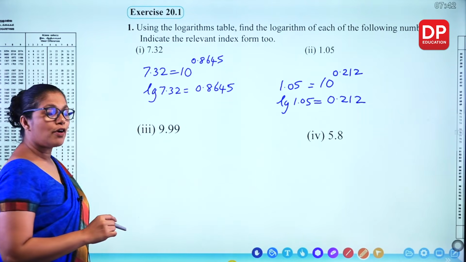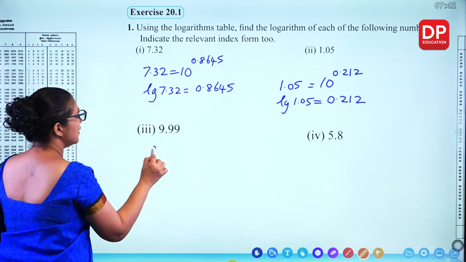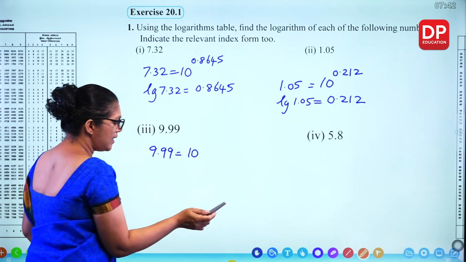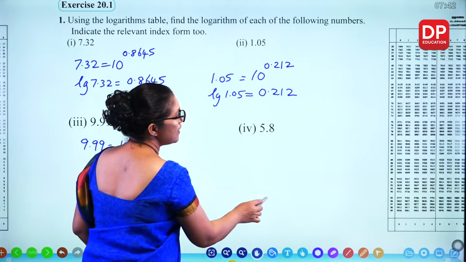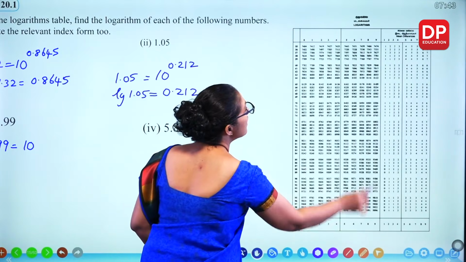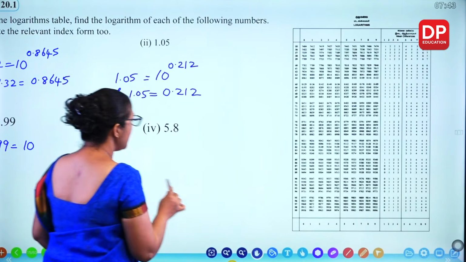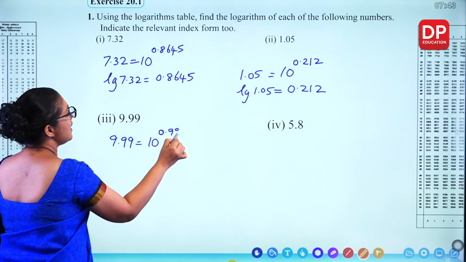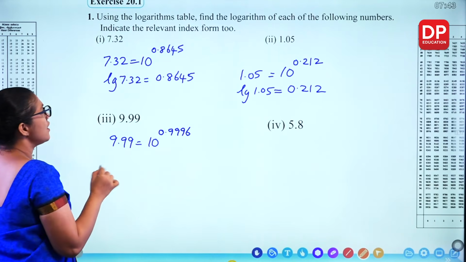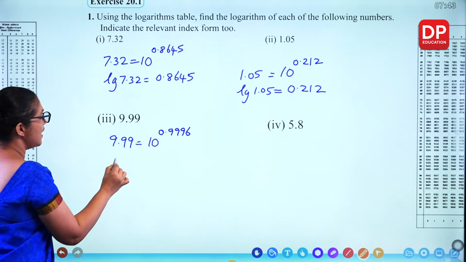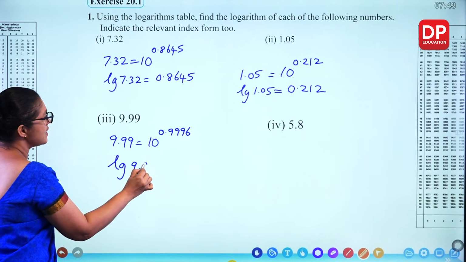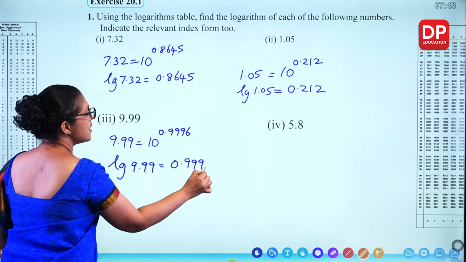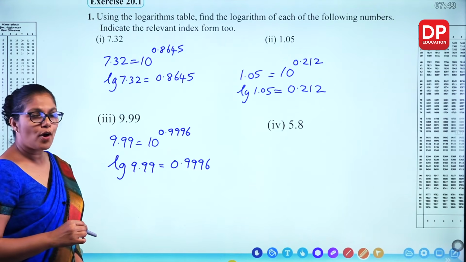This one, 9.99. That's 999. 999 is here: 9996. So here you can write LG of 9.99 is equal to 0.9996. 5.8.